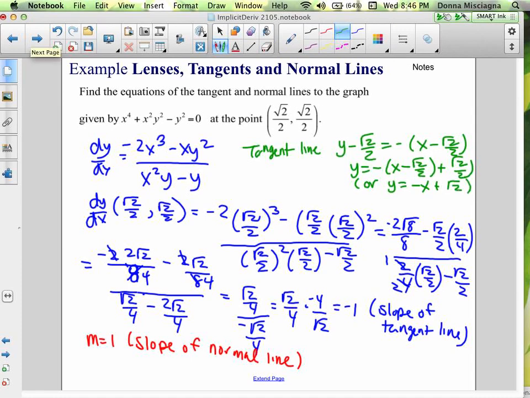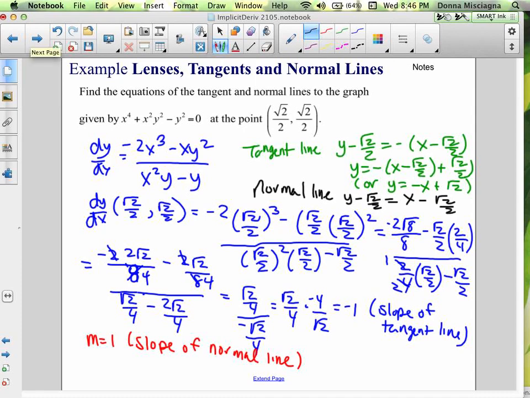And then the normal line. Same point, just change the slope. Not necessarily the same y-intercept, however, if I write it in slope-intercept form, but the same point. So it would be y minus the square root of 2 over 2 equals x minus the square root of 2 over 2, because the slope would just be 1.